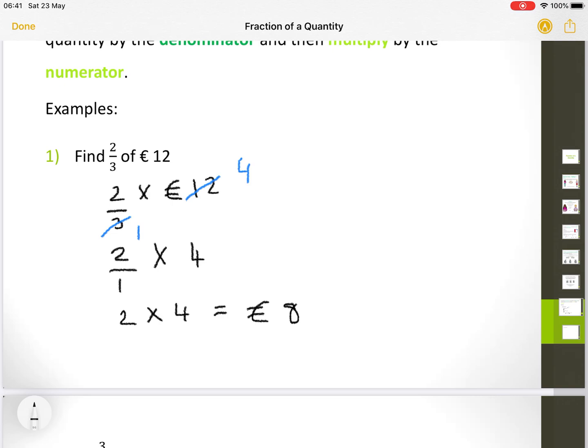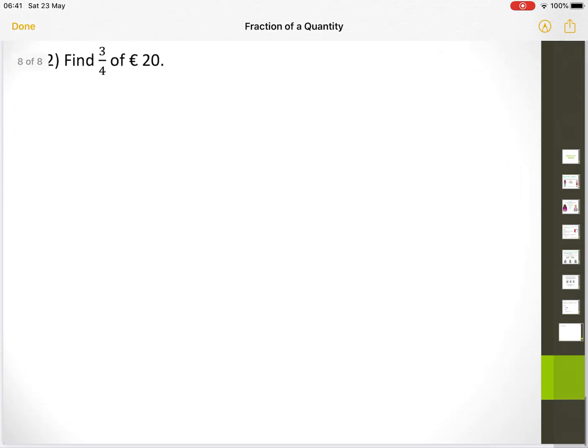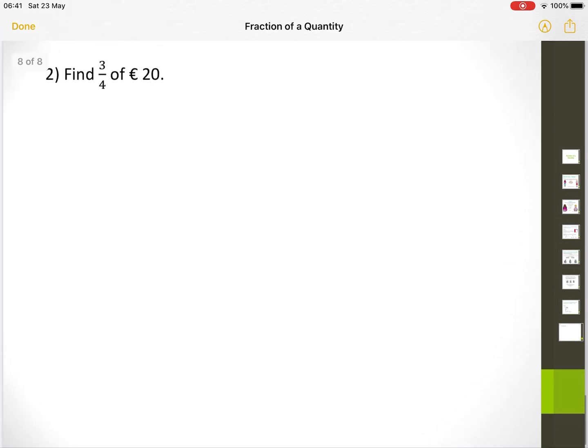Now I remain with 2 all over 1 times 4. 2 all over 1 means 2 wholes. 2 times 4 is 8. So that's the first one. We've worked it out without any pictures. Let's work another one.